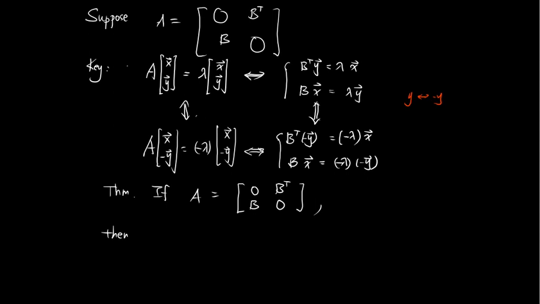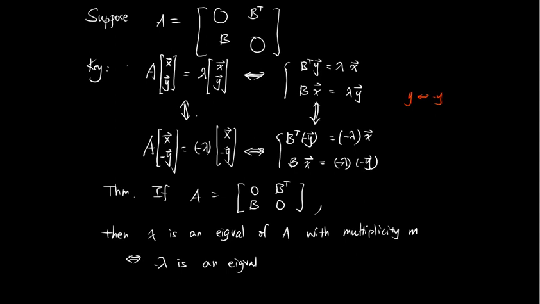Then lambda is an eigenvalue of A if and only if minus lambda is also an eigenvalue of A. And moreover, they are going to have the same multiplicity.